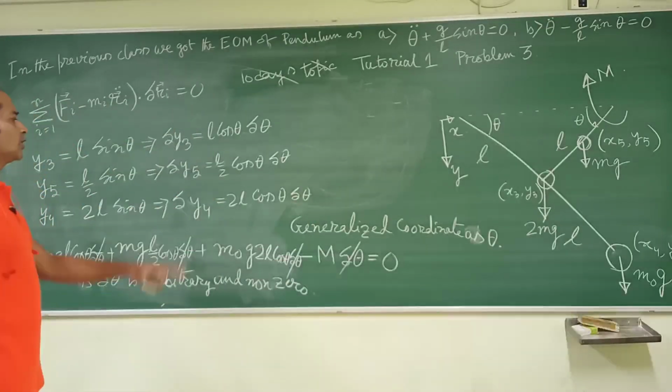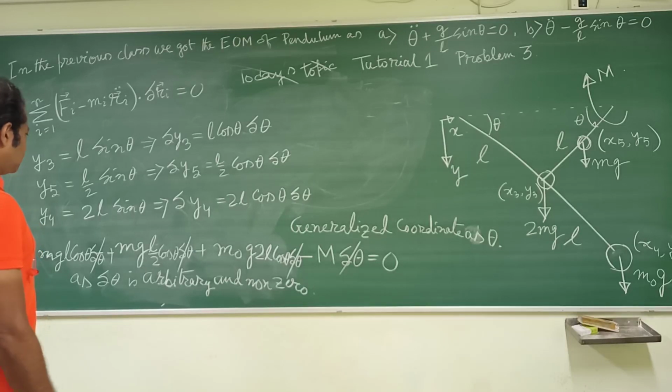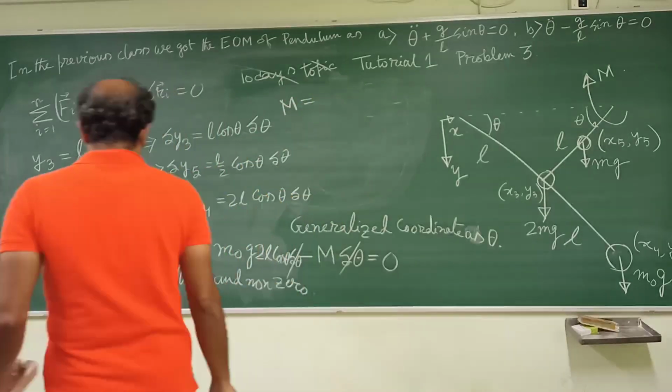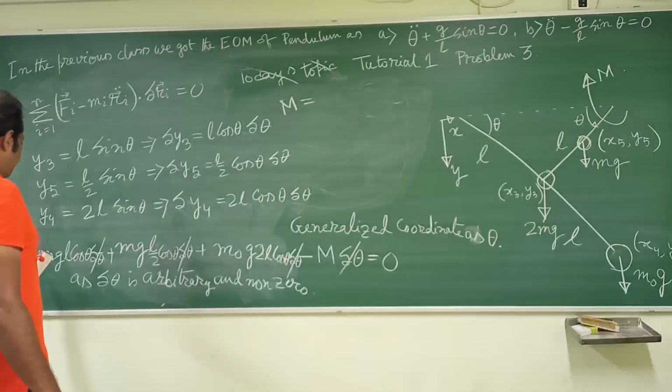So from this equation you are going to get the N. N is going to be mgL by 2.